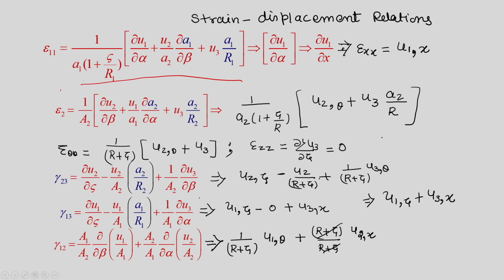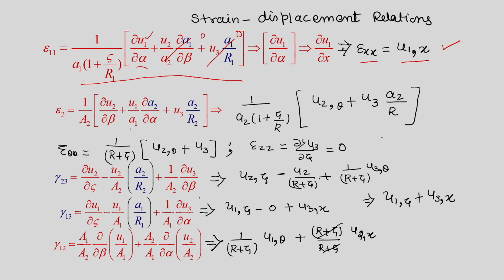So, from here for epsilon 1, R1 is infinity, A1 is 1. So, this term is going to be 0, this term is going to be 0, and the only contribution will be from this term, and that is epsilon xx, which is u1 comma x. Then we are talking about epsilon 2, which is basically epsilon theta theta.